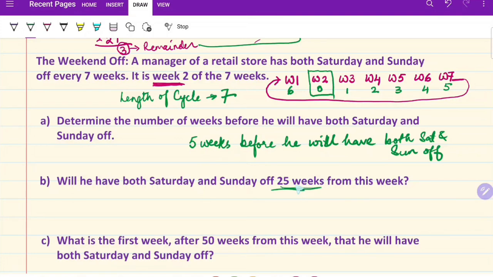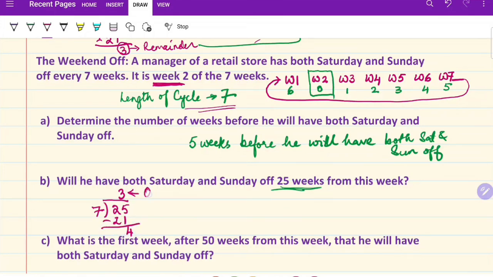So what we do here is we take our 25, since we have to perform a modular operation, take 25, and you're going to divide that by the length of the cycle, 7, and when we perform the division, 7 threes are 21, and then we have a remainder of 4.